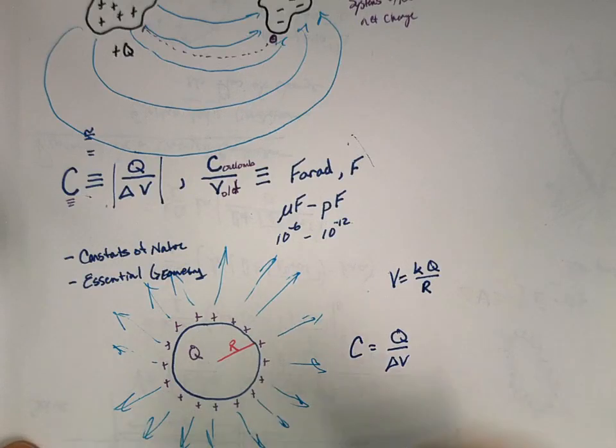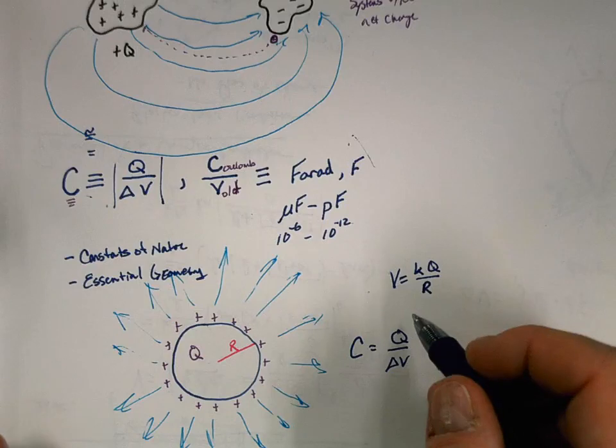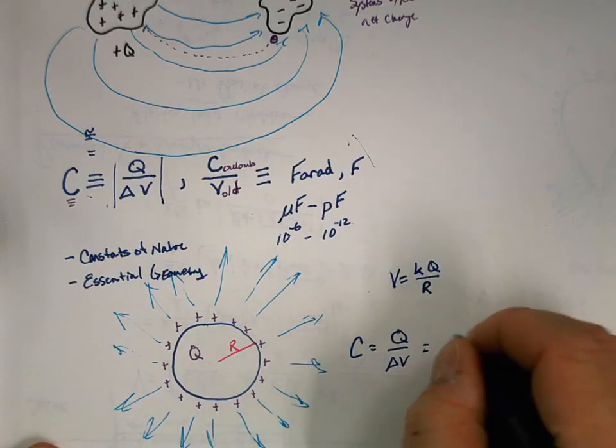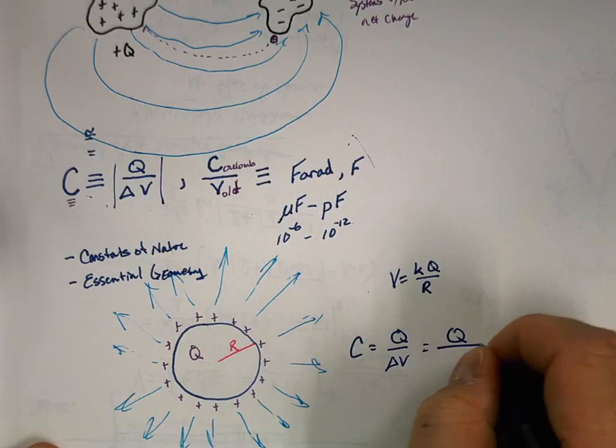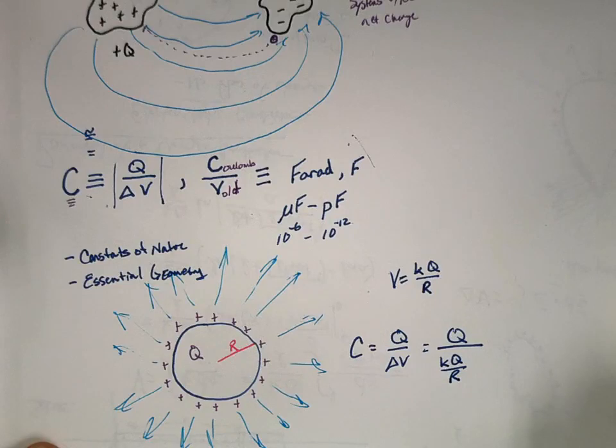So our V, if we take it from infinity, is KQ over R, and this becomes Q over KQ over R. Yeah?